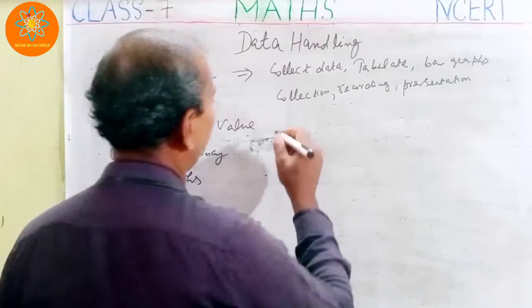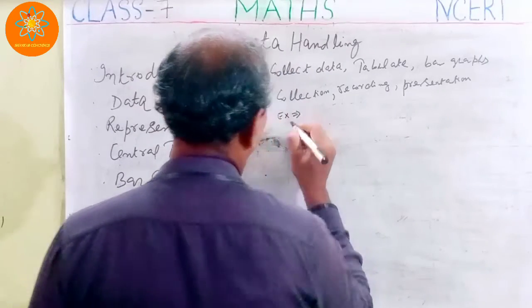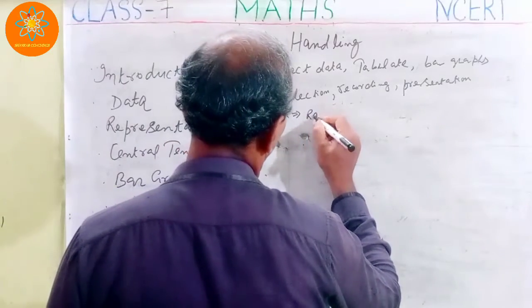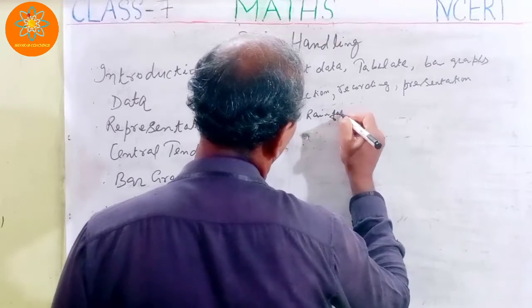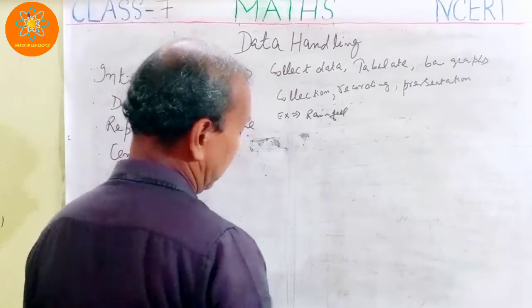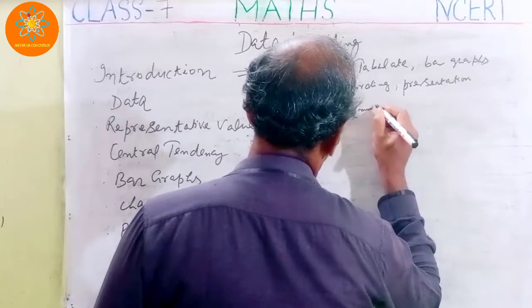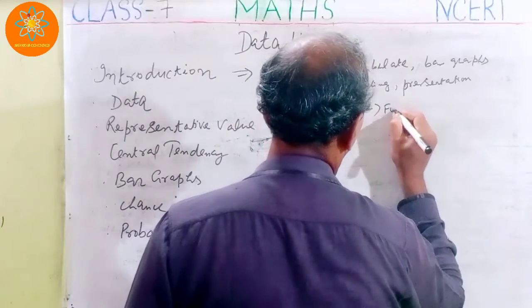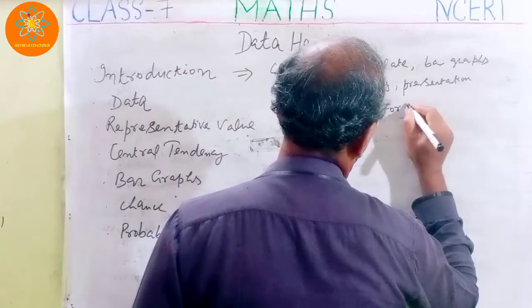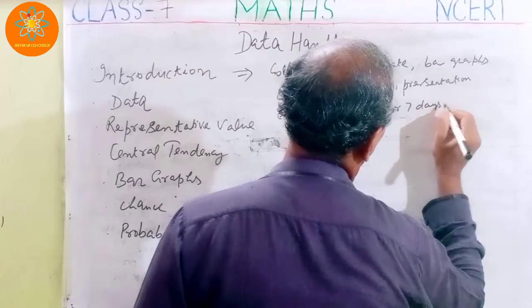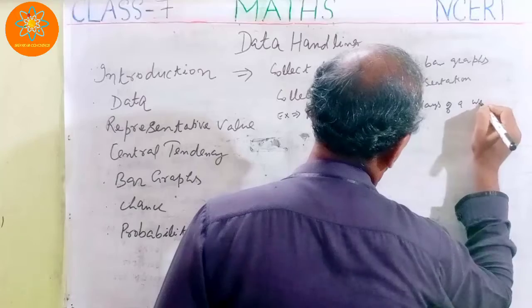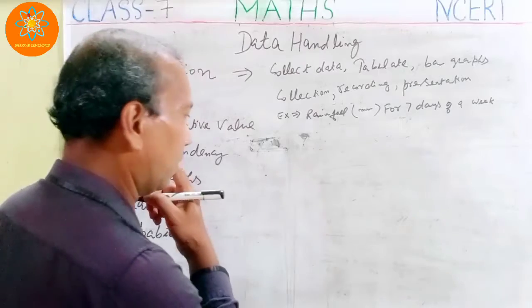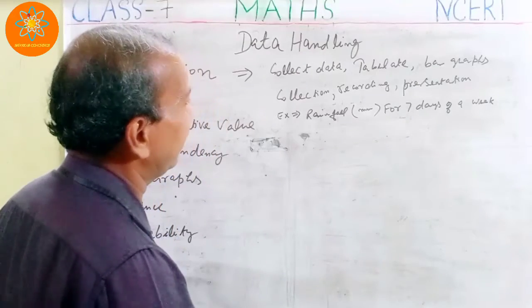I'm taking one example. Let's suppose I'm taking the rainfall in millimeter for 7 days of a week.